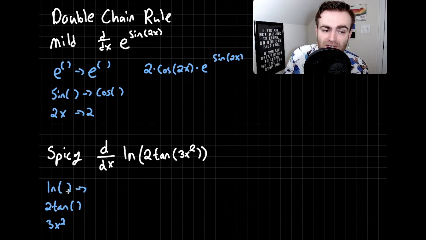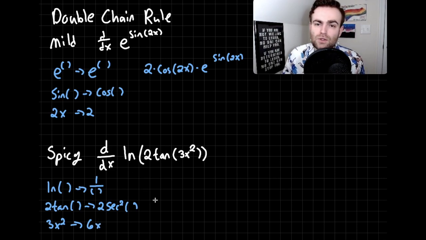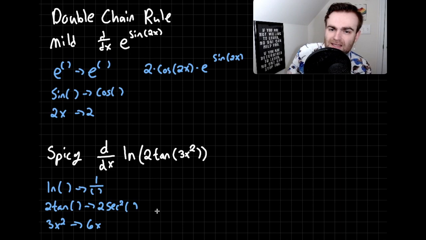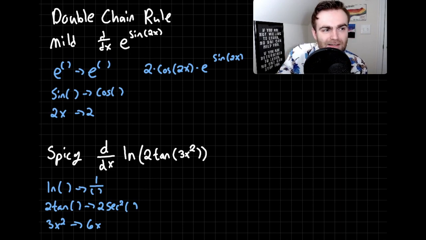The derivative of the natural log of something is 1 over that something. The derivative of 2 tangent of something is 2 secant squared of that something. And the derivative of 3x squared is 6x. So I'm going to line these up, and we're going to see something kind of strange happen. So we have the first part, which is this 1 over, and again, I'm going to go to the left now.